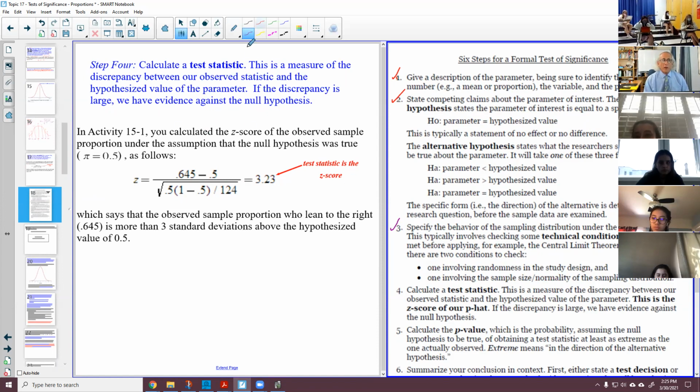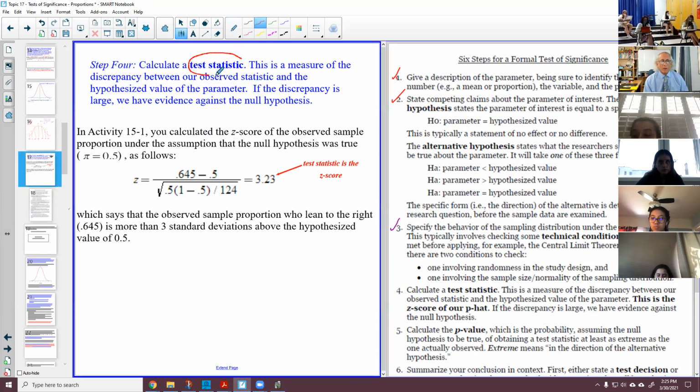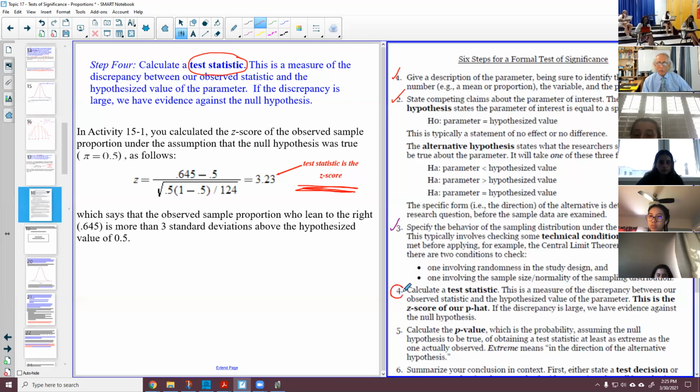So what I'm going to do next is calculate a test statistic. Now, this is a funny kind of word, but the test statistic is the z-score of my sample. And I even wrote that in here on step number 4.